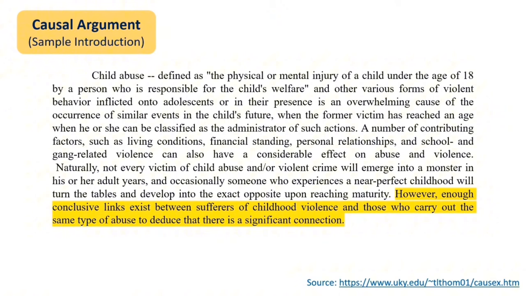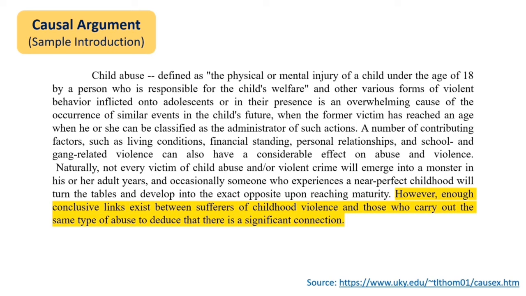A number of contributing factors, such as living conditions, financial standing, personal relationships, and school and gang-related violence can also have a considerable effect on abuse and violence.